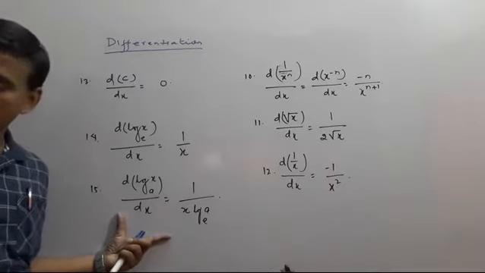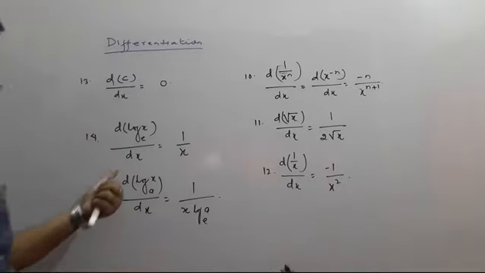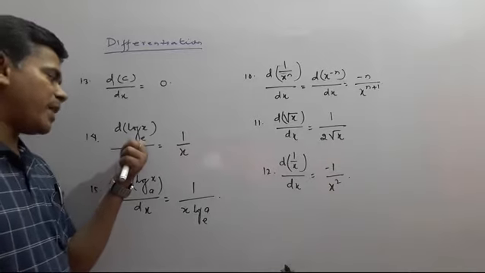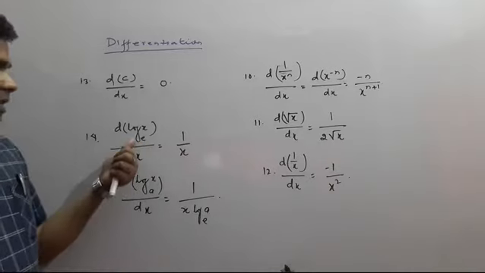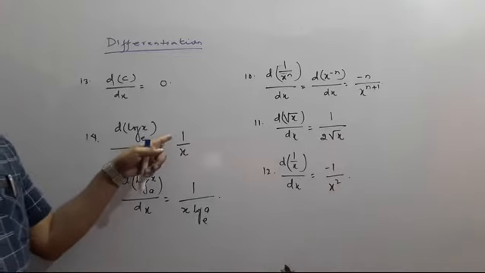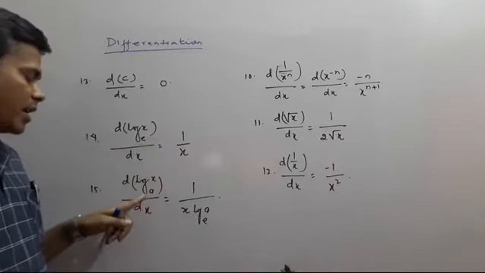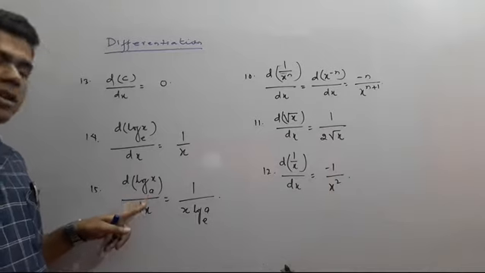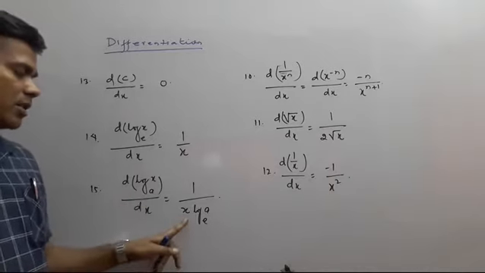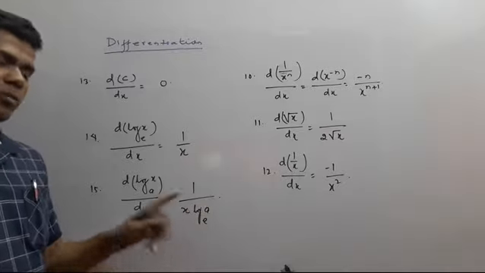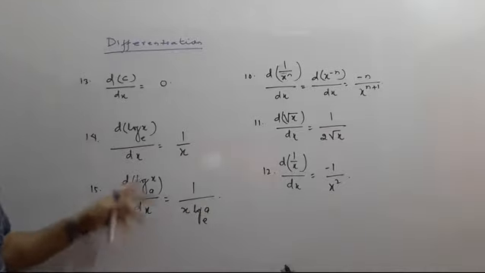While you start to solve a question, you will have to see whether the base of the log is e or not. If it is e, then directly you write the answer 1 by x, and if the base is not e, but a or any other thing, then you will have to write 1 by x log a to base e. This is very important.